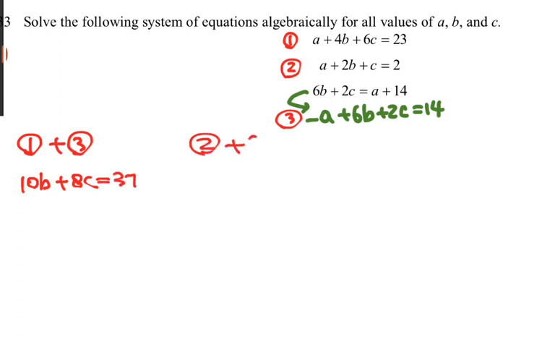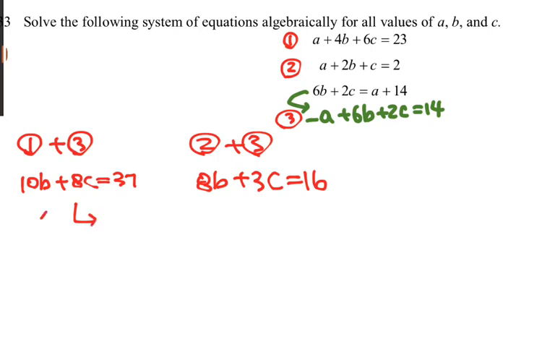Now we can do the same thing with the second and third equation. And this is what we end up getting. Now between these two equations, what are we going to get rid of? I was thinking we'll get rid of the b's and then find the value of c. The common multiple between 10b and 8b is 40b.